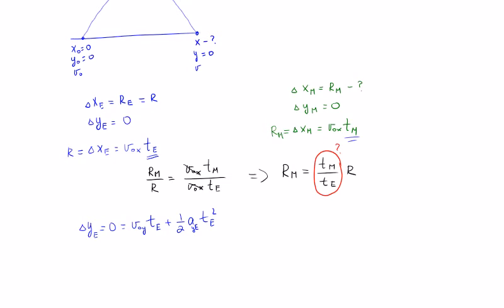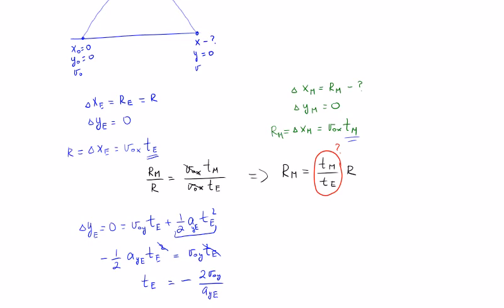And then from here, I can bring this term to the left. That would be -1 over 2 a_y earth t earth squared equals v naught y t earth. So one of these t's will cancel out. Then we'll find t on the earth equals -2 v naught y over a y on the earth.